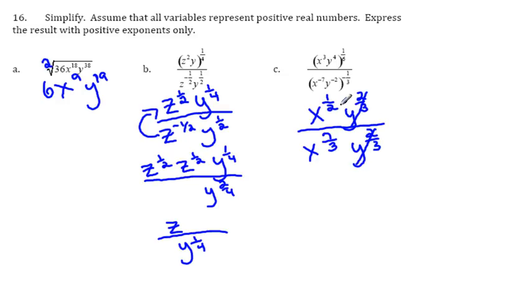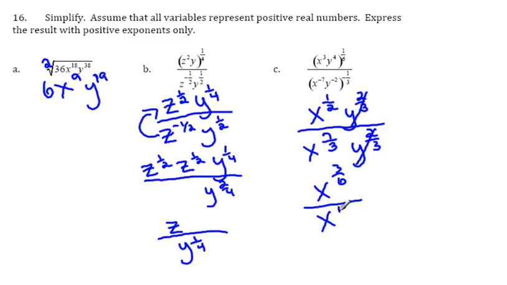So now all I have left is x to the 1/2 and x to the 7/3. I wanted to leave those in sixths because I want them to have the same denominator, so I'm going to change them back to a denominator of 6 since 2 and 3 both go into 6. So 1/2 is 3/6, and for 7/3, I'm going to multiply the denominator by 2, so I multiply the numerator by 2.